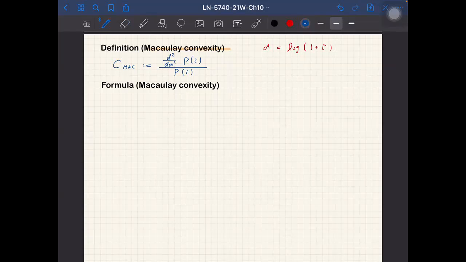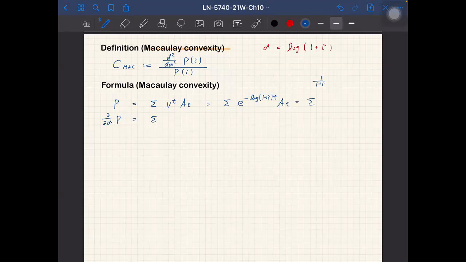That is obtained the same way. The present value P of i is equal to the summation of v to the power t times A sub t. So what is the first derivative? The first derivative of P: v is equal to 1 over 1 plus i, so that is the exponential of negative log of 1 plus i times t, A sub t.